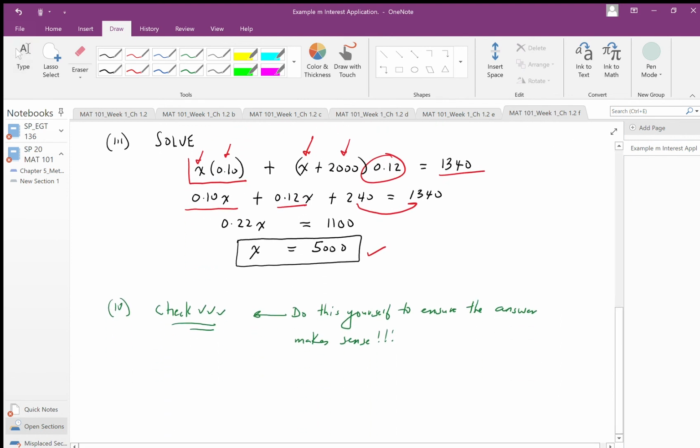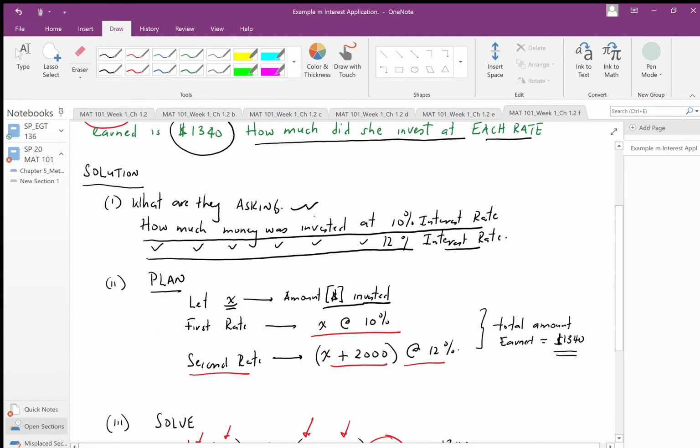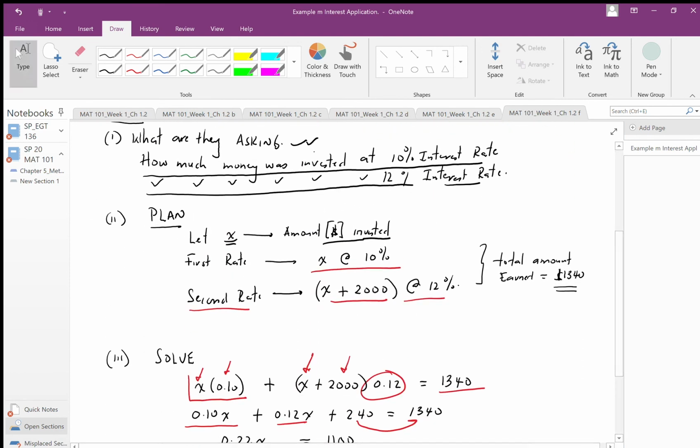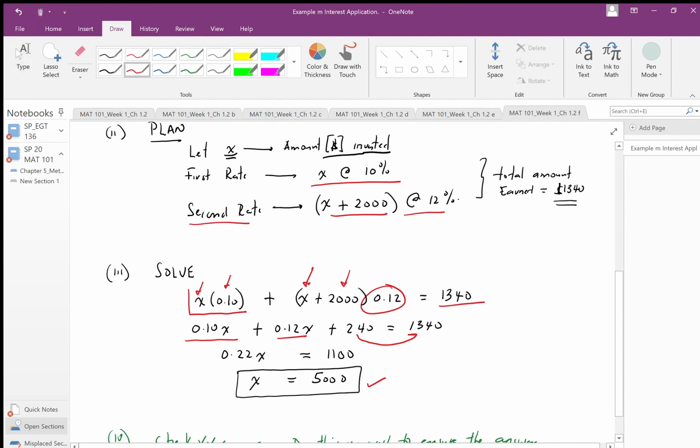Okay. So the question now becomes, let me see something here. And we want to divide that by 0.22. That's 5,000. Okay. So our x happens to be 5,000.